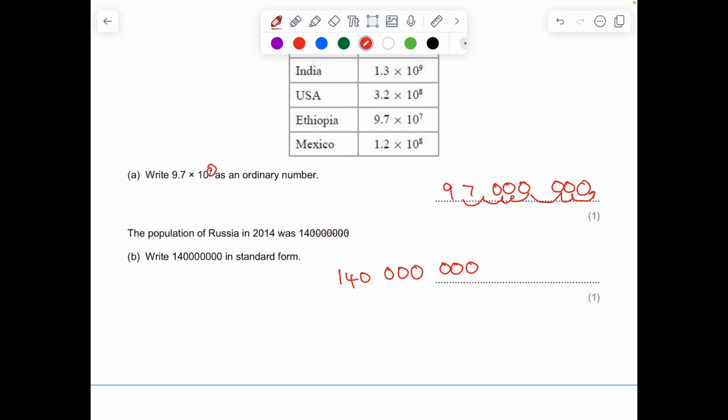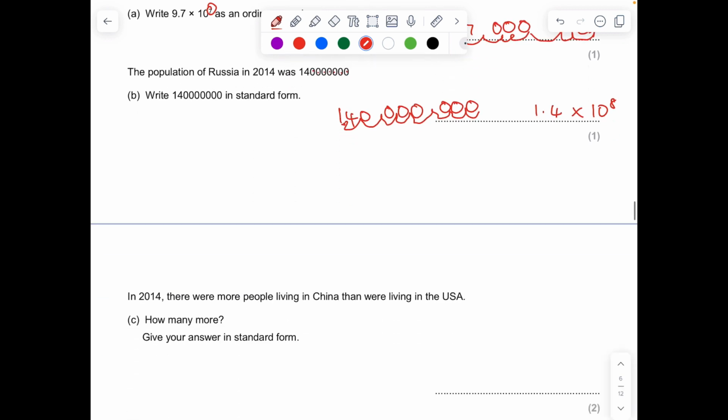So I want my decimal point to be here, so it's going to be 1.4 times 10 to the power of something. So how many times did I have to move it from here? 1, 2, 3, 4, 5, 6, 7, 8. So 1.4 times 10 to the power of 8. Okay.